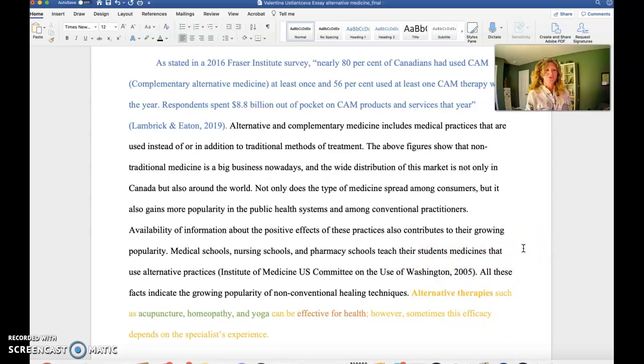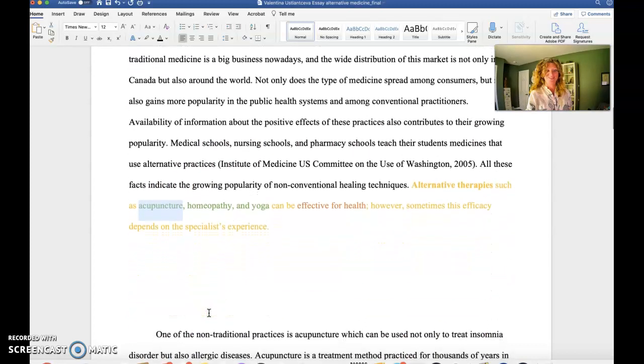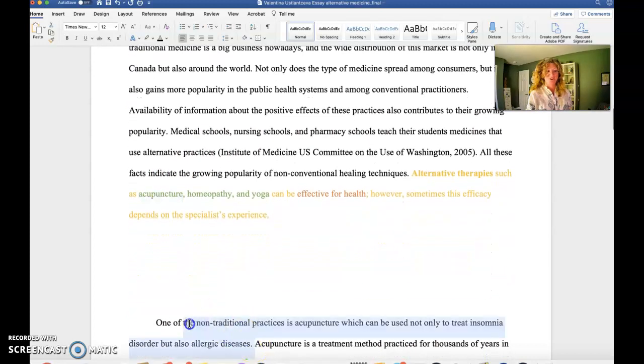Okay, so who's going to guess what is the first paragraph going to be about? Well, if you said it's going to be something about acupuncture, you're right. Let's look at the first topic sentence. One of the non-traditional practices is acupuncture, which can be used not only to treat insomnia, but also allergic diseases.